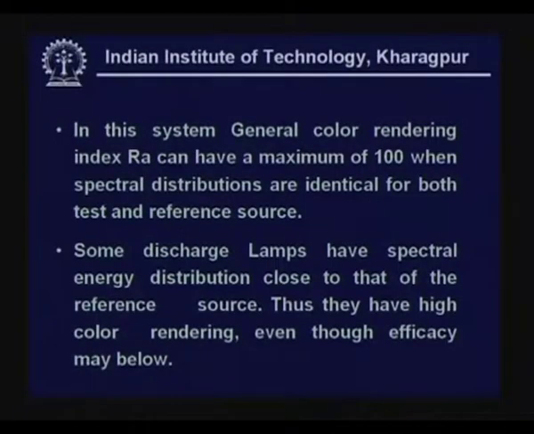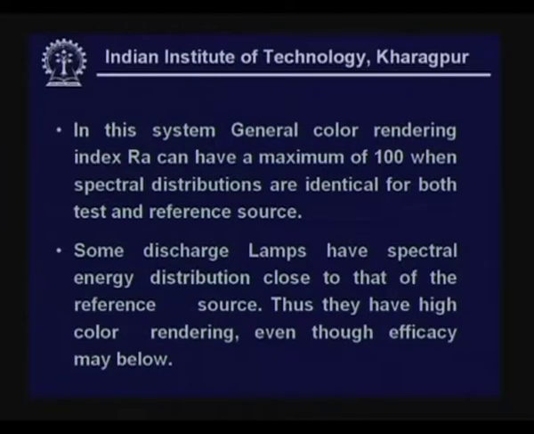Now, in fact, some discharge lamps have a spectral energy distribution close to that of the reference source, therefore they have high color rendering even though efficacy may be low.